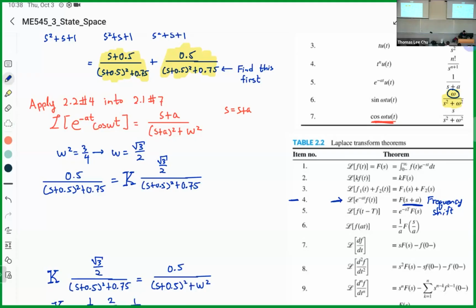When we have this form, taking the inverse Laplace, we get e to the minus 0.5t multiplied by sine of √3/2 t. But then we need to figure out what this k is, because these two terms are equivalent.